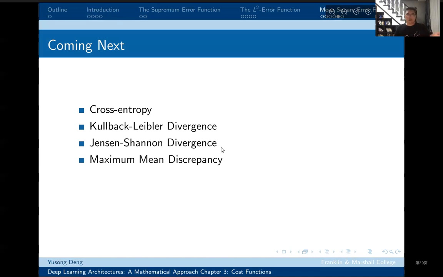We will have maximum mean discrepancy. We will have some other cost functions, and we will introduce you to a lot more about cost functions and how you measure how close you are to the correct answer using a neural network, using numerical methods and probability methods.